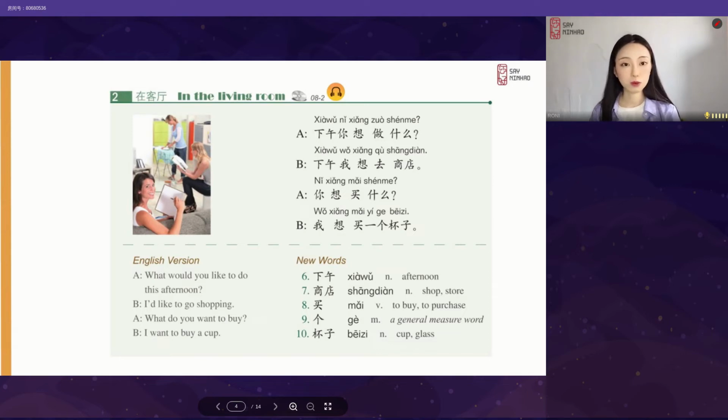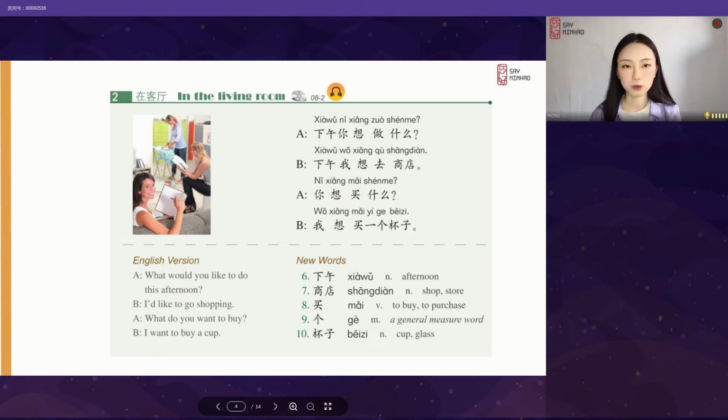I will be A and you will be B. 3, 2, 1. 下午你想做什么？你想买什么？ Okay, let's switch the row.